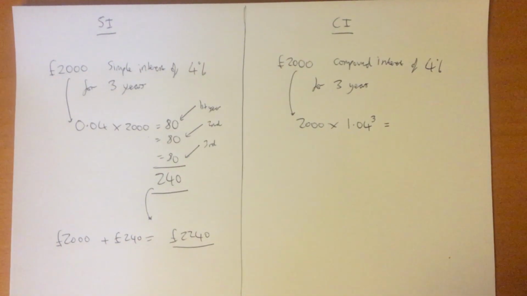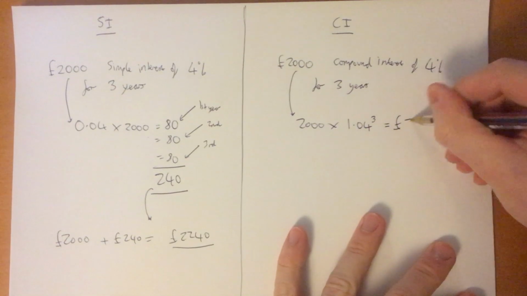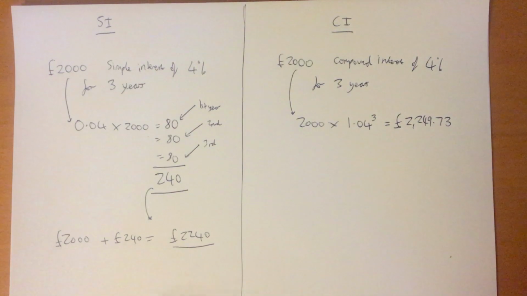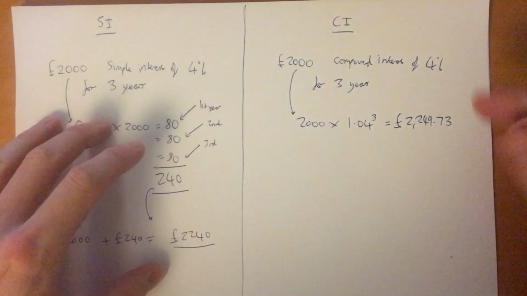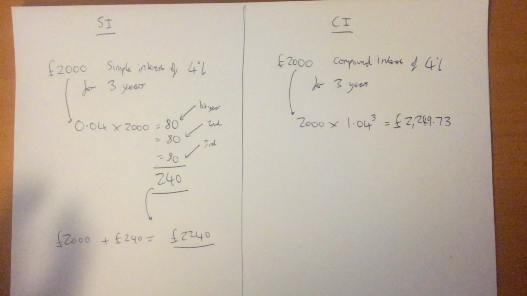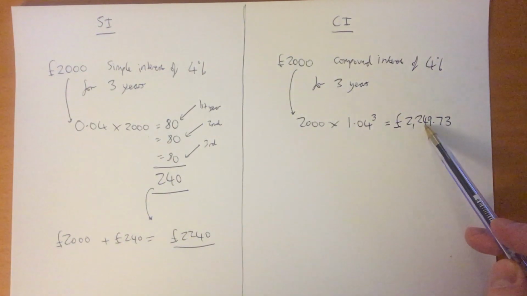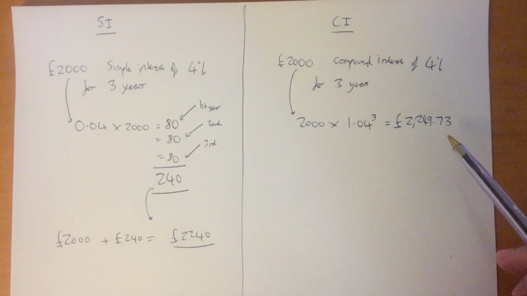So if I use my calculator again, I would do 2,000 times 1.04 to the power of 3, and I would get 2249.73. So a question might say, here's one question, here's another. Which one is going to be better valued by how much? And then you say, well, the compound interest one is going to be better valued by £9.73. Okay?